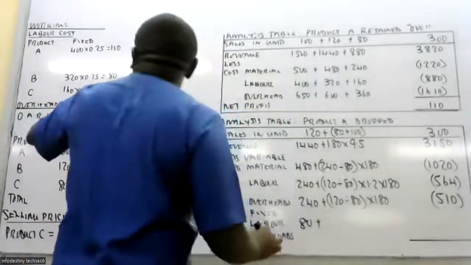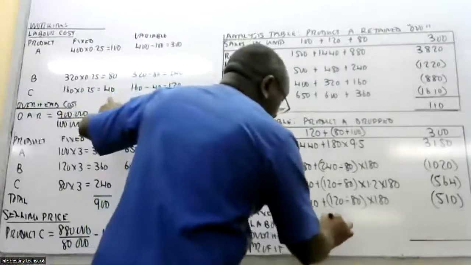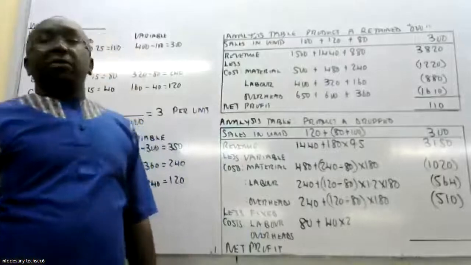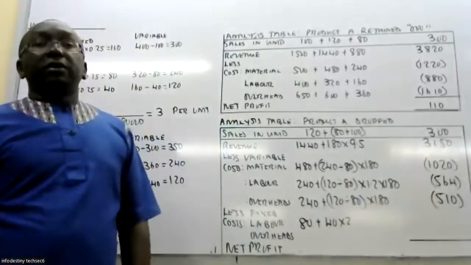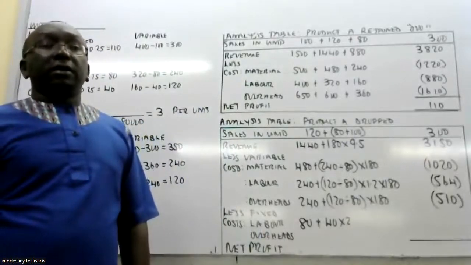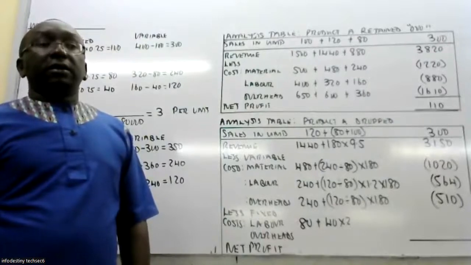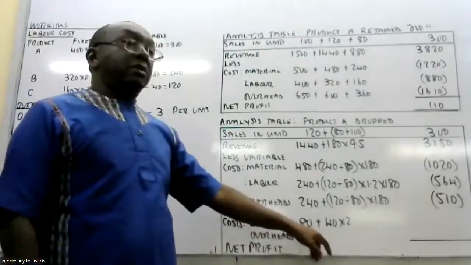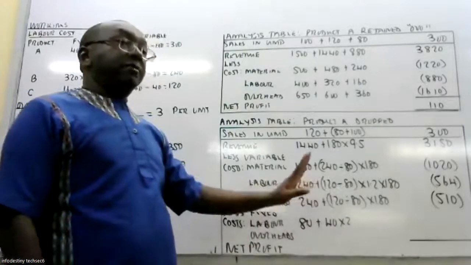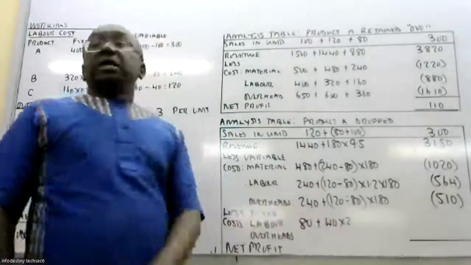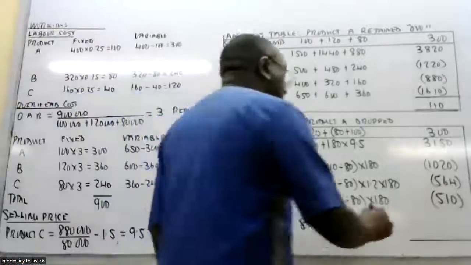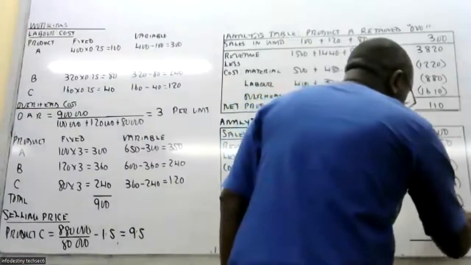And then this one for C will double. I think the last information inasema the fixed one will double. Is that so? Hiyo ni overheads. Labor, I'm saying for A imeenda. Yeah, C, it is going to double. So that gives us 160.